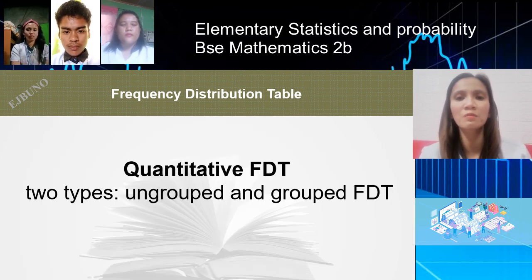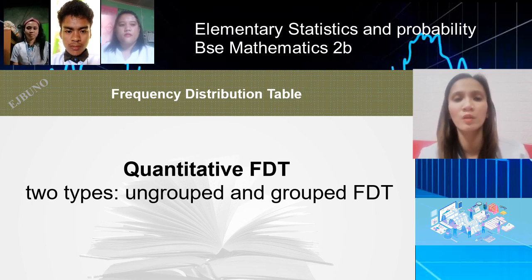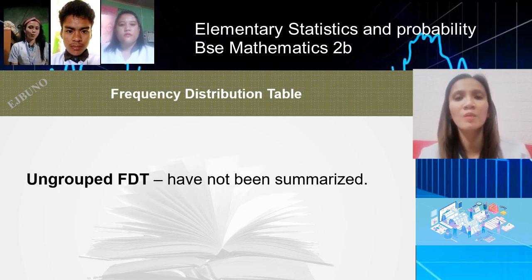Now, we have the quantitative frequency distribution table, and it has two types, the ungrouped frequency distribution table and the grouped frequency distribution table. Let's first tackle the ungrouped frequency distribution table. It means the data have not been summarized, and it is constructed when there are only a few observations or if the data set contains only a few possible values.